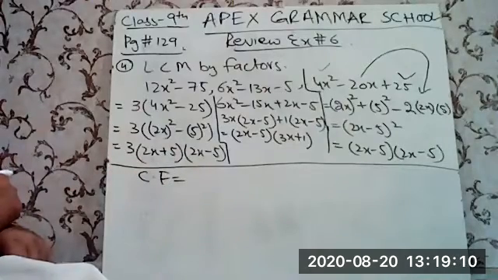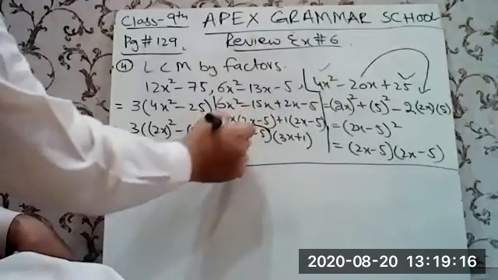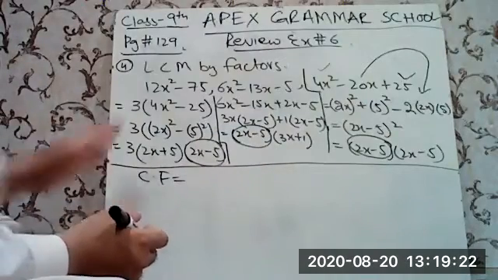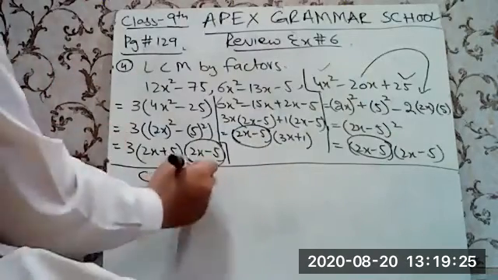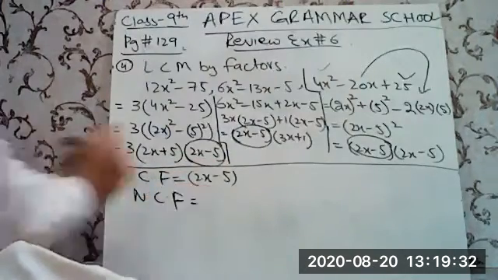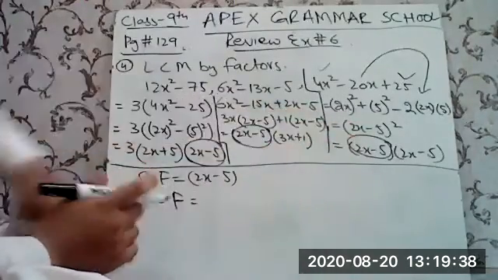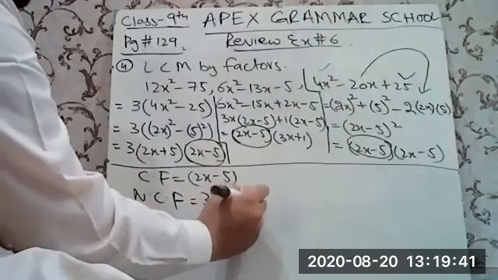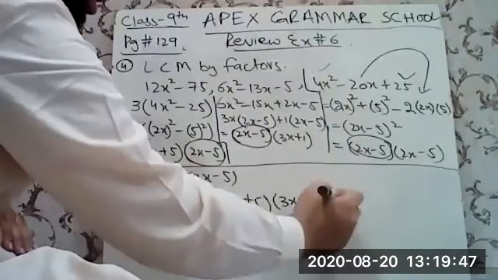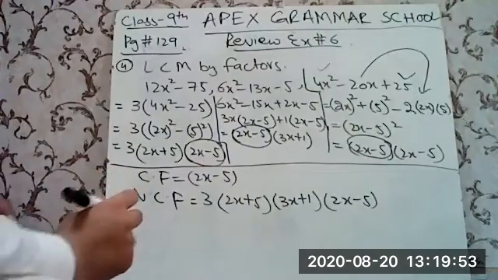What are the common factors here? 2x minus 5 is common, and nothing else is common. And the non-common factors, what is left? 3, 2x plus 5, 3x plus 1, and again 2x minus 5. These are non-common factors.